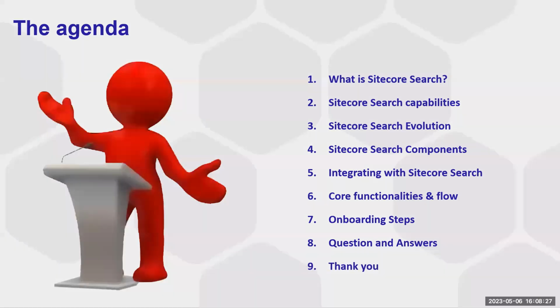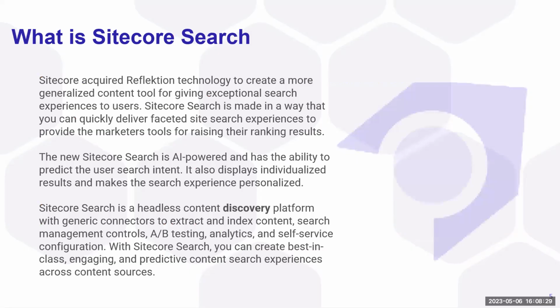First agenda item today: what is Sitecore Search? Sitecore Search is basically a headless content discovery platform with generic connectors that extract and index content. So we can have multiple sources, and from multiple sources, we can index the content in Sitecore Search.